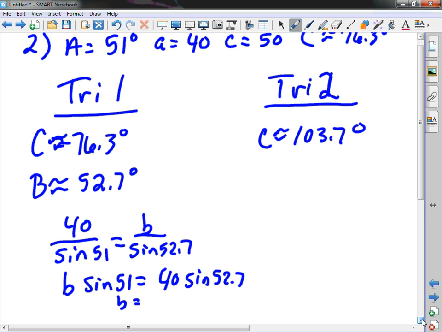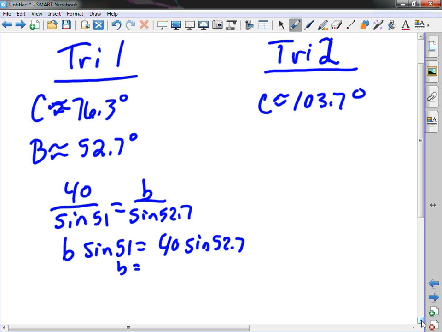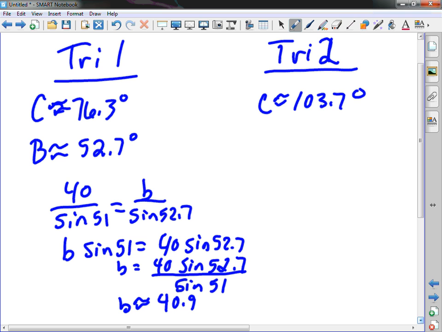Let me stay over here. 52.7 divided by sine of 51. And so B, once you calculate that, is approximately 40.9. So for our first triangle, we've calculated all the pieces. B is approximately 40.9.